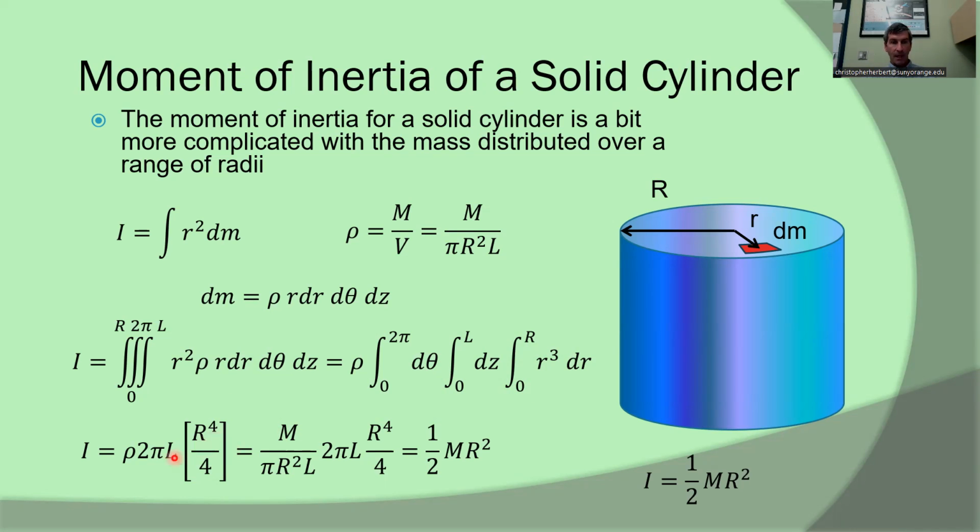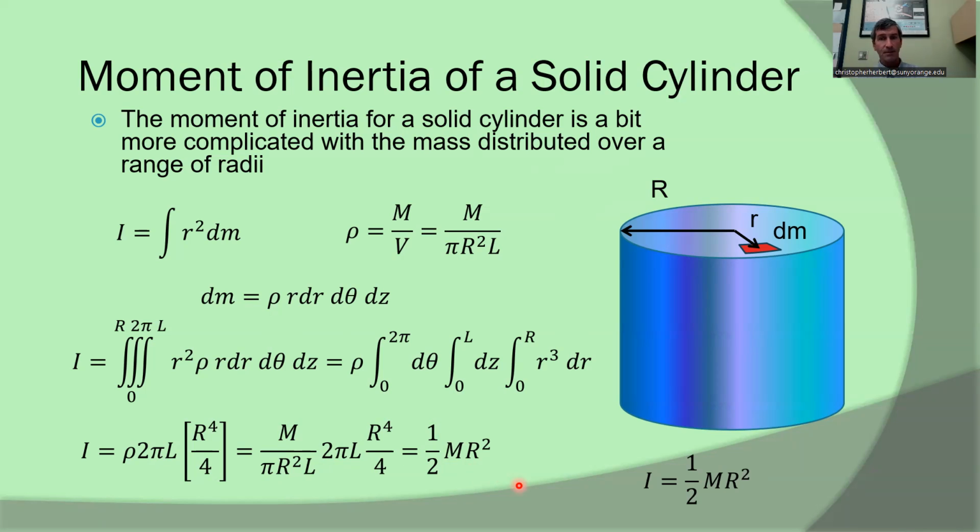Now I'm going to replace rho with m over pi r squared L. That's this right here. That's my rho. Pi cancels out with pi. R to the fourth divided by r squared is just r squared. M remains. L divided by L cancels out.